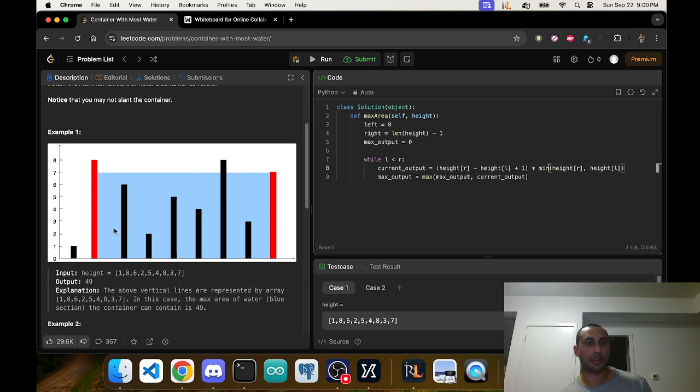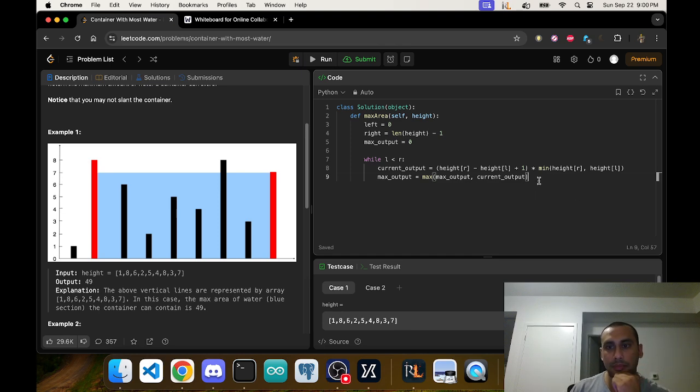That's why you're going 1, 2, 3, 4, 5, 6, 7 times 7, because this portion of the water overflows if you have 8 and 7, because there's more water. If you have 8 and 8, it stays, right? But you get the min height between these 2 points. But you want to see if the output is greater than the current output. You know what I'm saying?